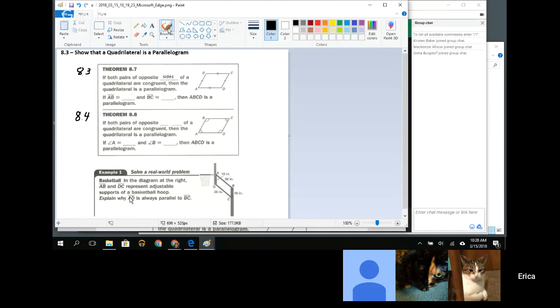So we like that. That makes it nice and easy. It's the same thing. We don't have to remember anything, right? So if line AB is congruent to line DC, and line BC is congruent to line AD.